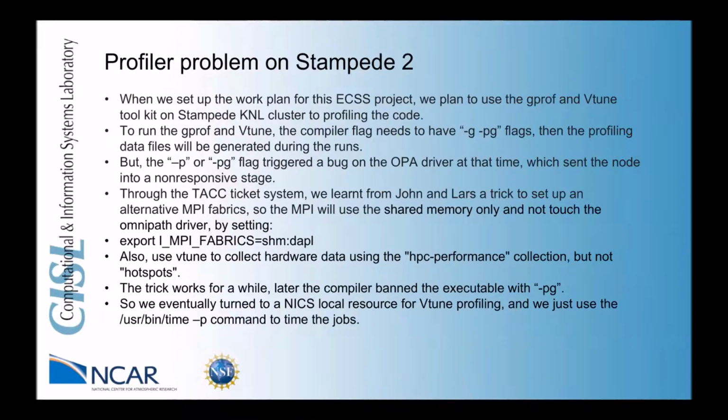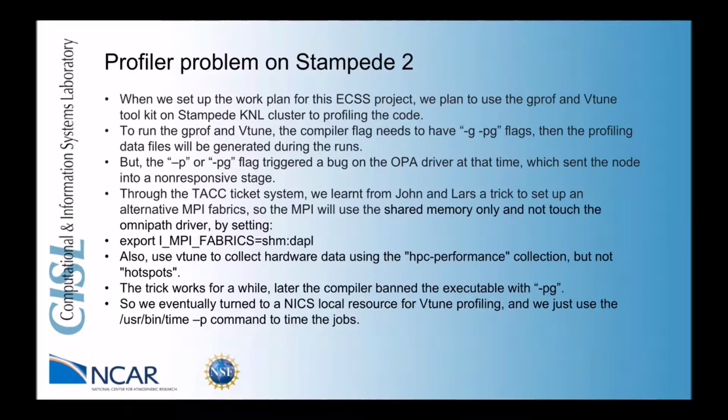So, the profiler problem on Stampede2. When we set up the ECSS project, we planned to use gprof and VTune on the Stampede2 KNL cluster, but they both require the -g and -pg flags to generate the profiling data. But the -p or -pg flag triggered a bug in the OPA drivers at that time, which would make the nodes go into a non-responsive state. We consulted the TACC staff through the TACC system.